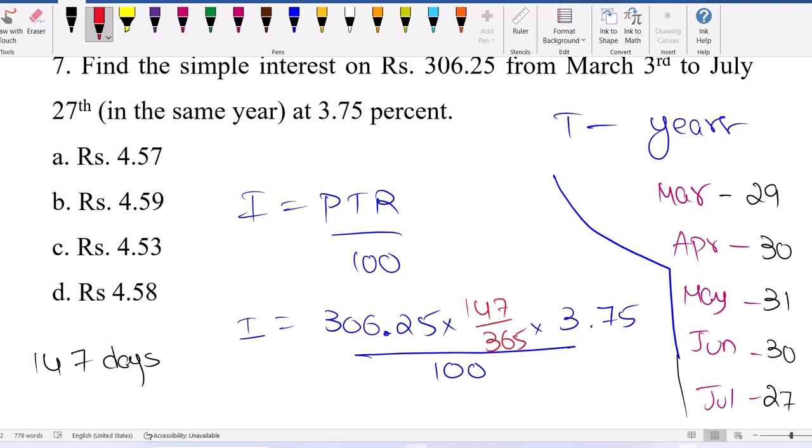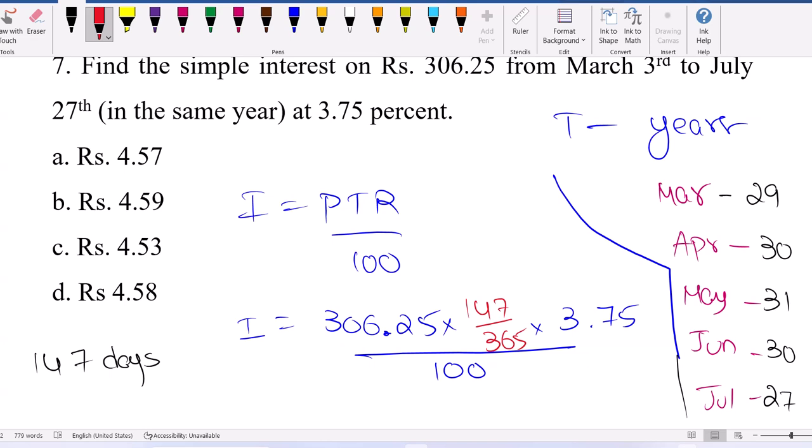If they don't mention it, what has more chances, leap year or non-leap year? Non-leap year has more chances, so we have to go accordingly. It's not in my hands. Since it wasn't given, we'll go with a non-leap year. A non-leap year has 365 days, and 365 days is equal to 1 year. So 147 days equals 147 divided by 365 years. It may be half or less than half.